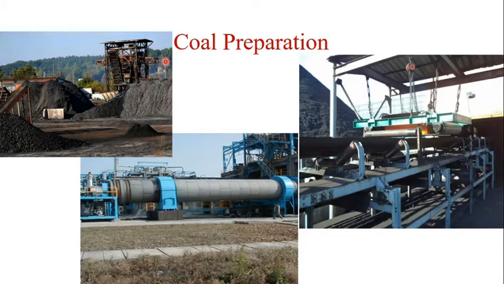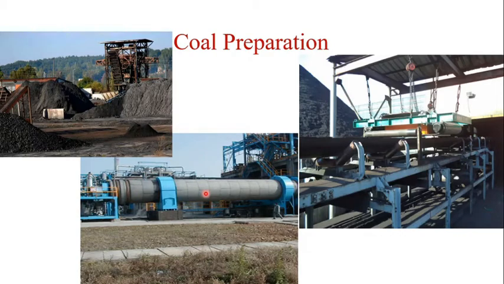Once the coal is pulverized, it will be sent to this particular chamber, which you can see in the picture. This chamber will extract the moisture content from the coal. The extraction of moisture content is also done to increase the efficiency of the boiler.